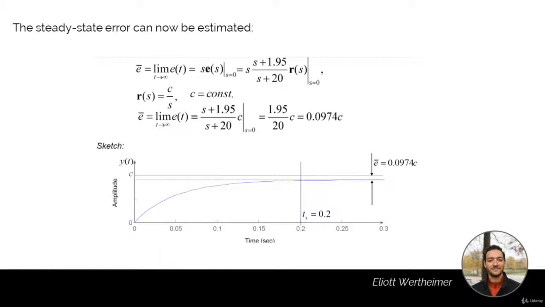Another thing that we know is that r(t) is actually a constant C. Well, the Laplace transform of a constant C is C over s. So R(s) is equal to C over s. If you plug that back in the equation, the s which divides the C in R(s) will cancel out with the first s in the equation for the limit.